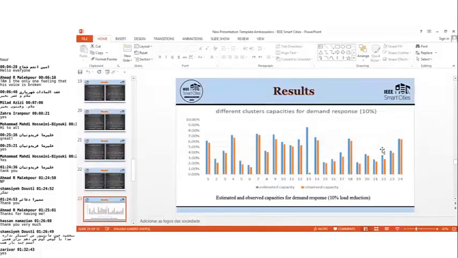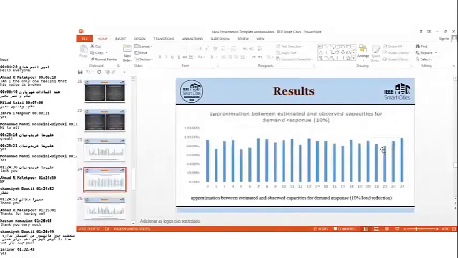As you see, in some cases the accuracy of the model is considerable, acceptable, and it needs to be mentioned that demand response is implemented in 4 scenarios.